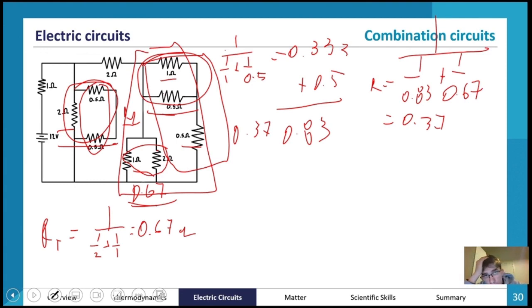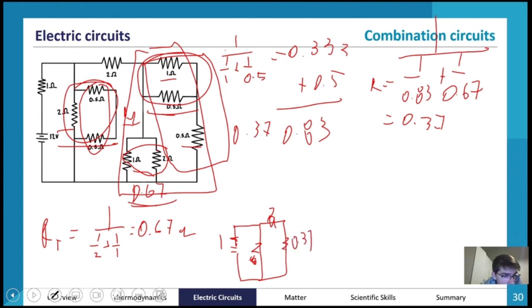Now, as it simplifies to 0.37, you can redraw the entire thing, and it's going to be significantly simpler than before, where you have 1 ohm here, 0.67 here, 2 ohms here, and 0.33 here. 0.37 here. So 0.37 and 2 is obviously 2.37. 2.37 parallel with that 0.67 there.